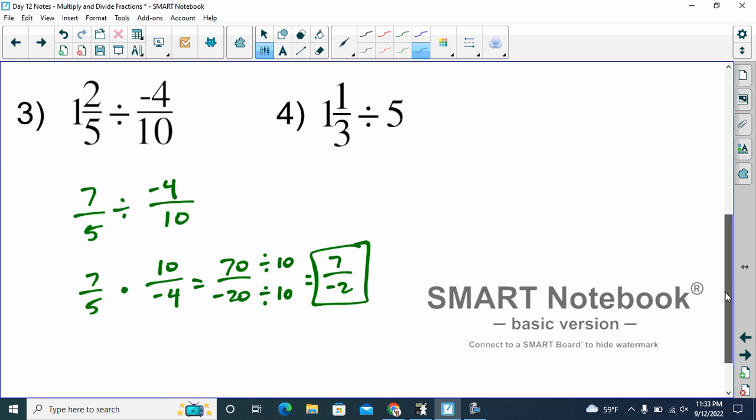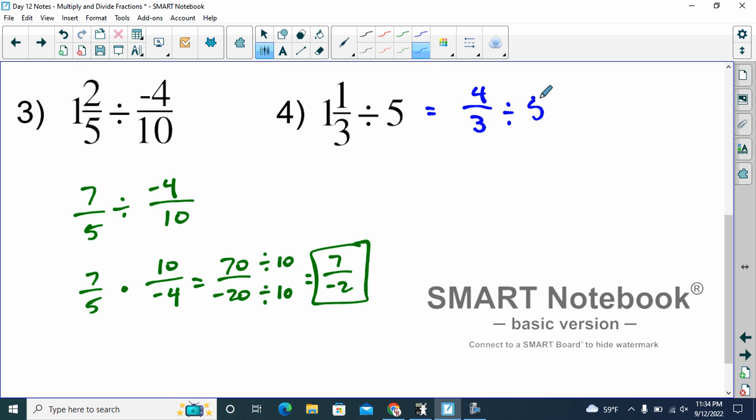And finally, number 4, 1 1/3 divided by 5. 3 times 1 is 3 plus 1. 4/3 divided by 5. Keep the 4/3.